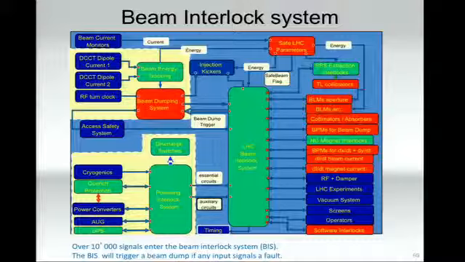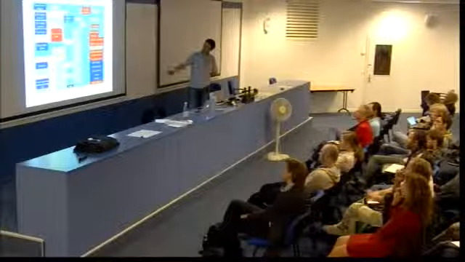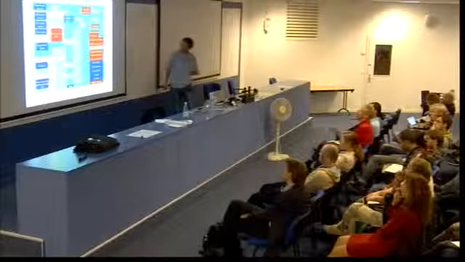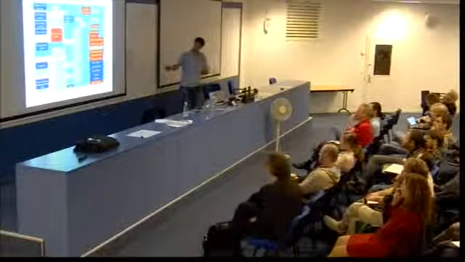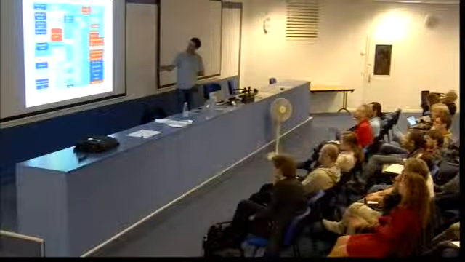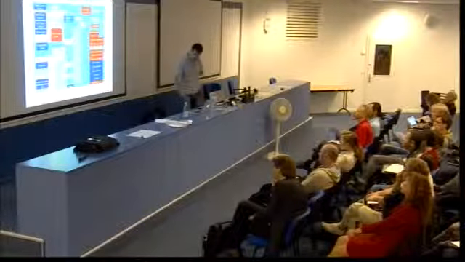We're also going to distribute some safe key parameters which other systems need with absolute reliability. The BLM thresholds change with energy, so they need to know what the energy is. So there's a system there for distributing these so-called safe LHC parameters with absolute reliability.